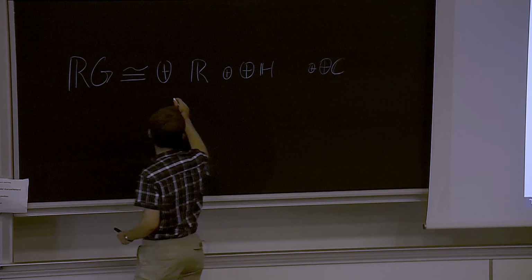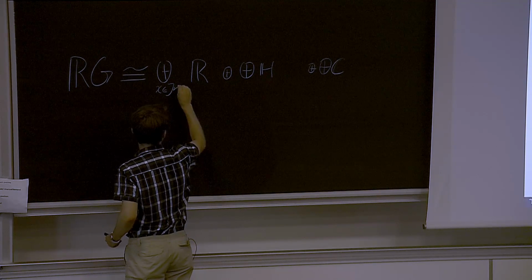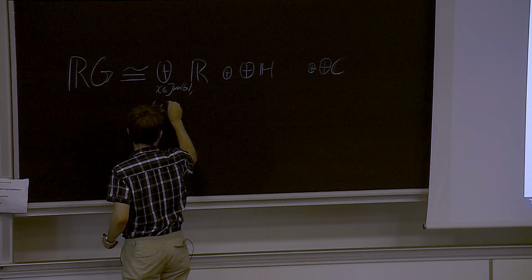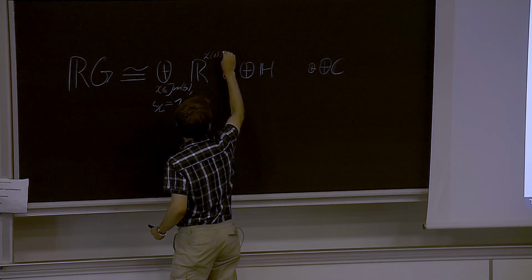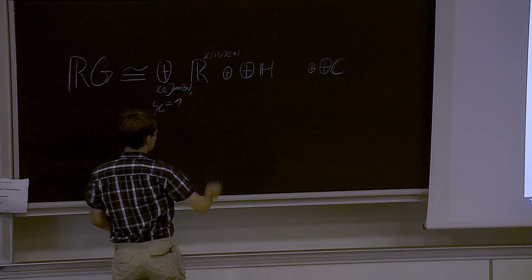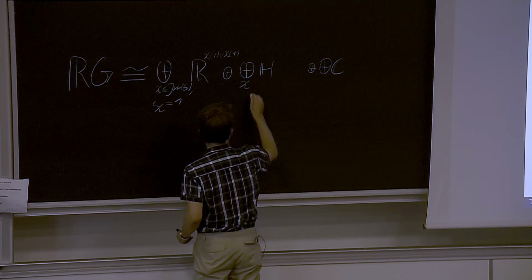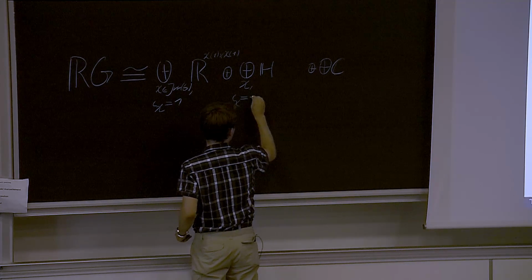And here we have the characters chi, the irreducible C characters that have indicator 1. And you get the matrix algebra of size chi(1) by chi(1) over the reals. For the Hamilton quaternions, these are those with indicator -1.